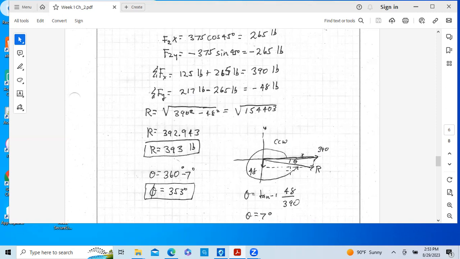And so the angle would be where you're at, how you calculate it, if it's over here or over here. So this would be the 360 minus this 7 gives us this angle here. So it's 360 minus 7. The theta this way is 353 degrees. So this is your answer.